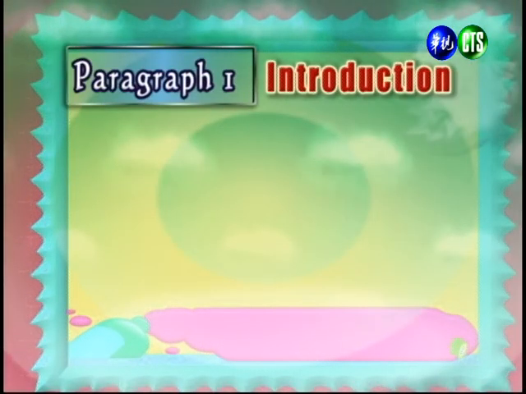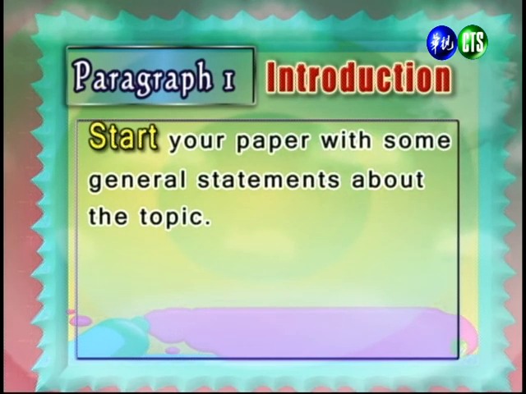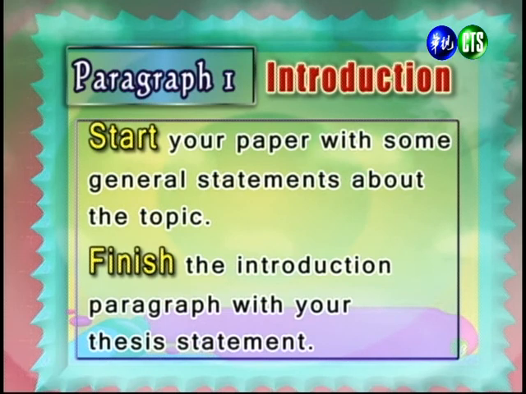Right, so now let's look and see how we should organize the point-by-point comparison paper. 好，接下来我们来看一下该如何去架构这个点对点的比较方式。Now, the first thing that we're going to do is choose a strategy for your introductory paragraph. 好，那首先一样的，我们要先选择写作开头引言的一个适当的策略。And so, for example, we can start your paper with some general statement about the topic, and then we can finish the introductory paragraph with your thesis statement. 我们可以使用的方式呢是像这样子的，在开头的地方概括的谈论这个主题，然后呢以表明主旨来结束你的引言。And so you can see that this is the same way that we started the block by block paper.